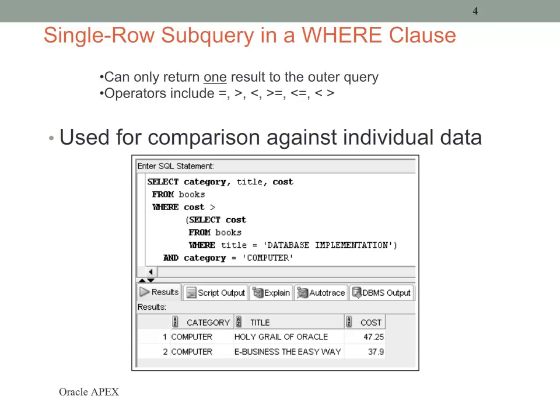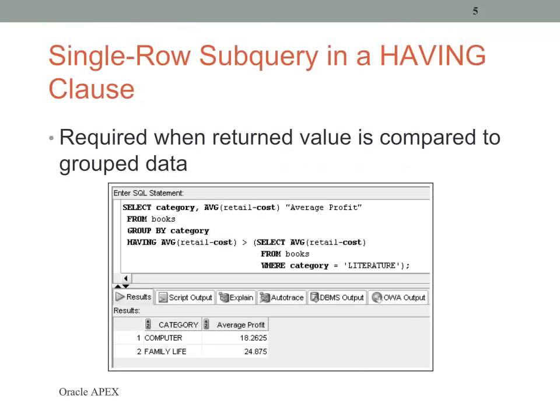Let's look at a having clause now. A having clause is one way that we can use a single row subquery.